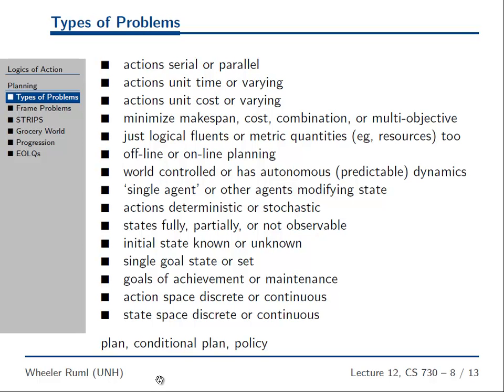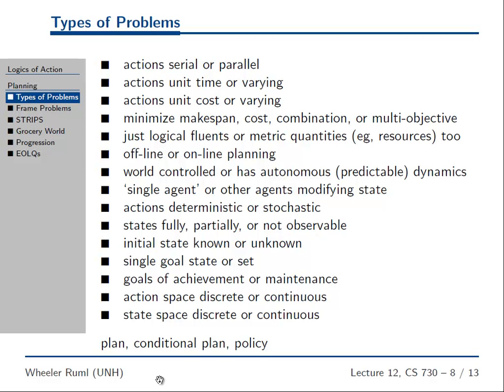Logical, offline, single agent, deterministic, fully observable, initial state, goal set, goals of achievement with discrete actions and discrete states. Like that's what we're concentrating on. But all of those different variations have been addressed in research. So it's a big world out there. There are lots of fun planning algorithms.